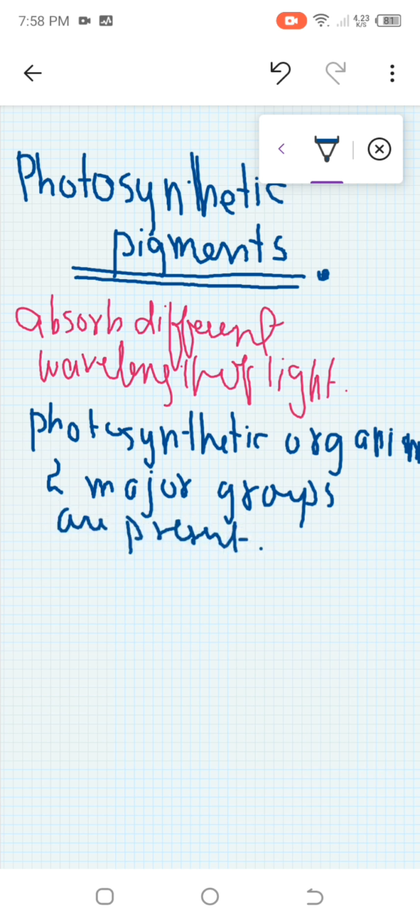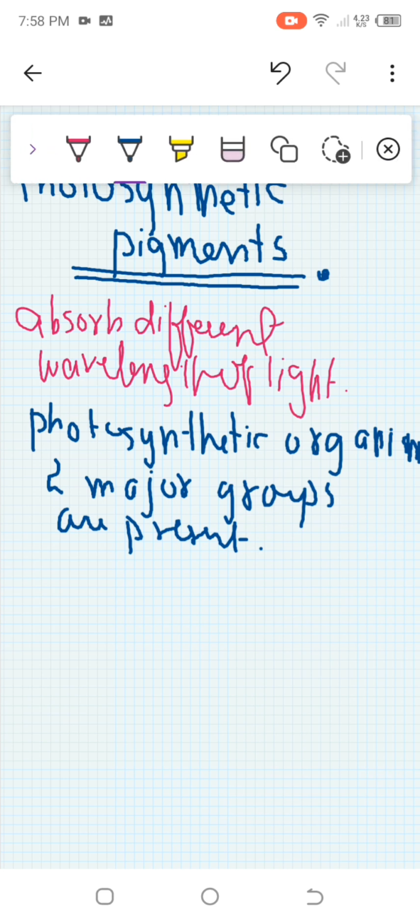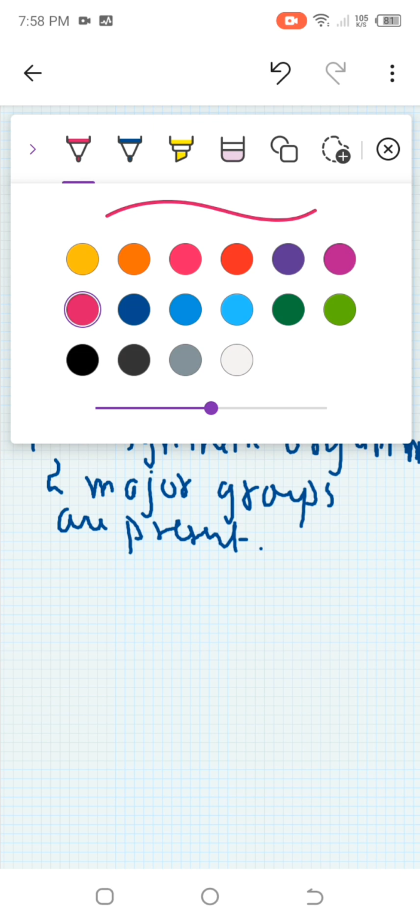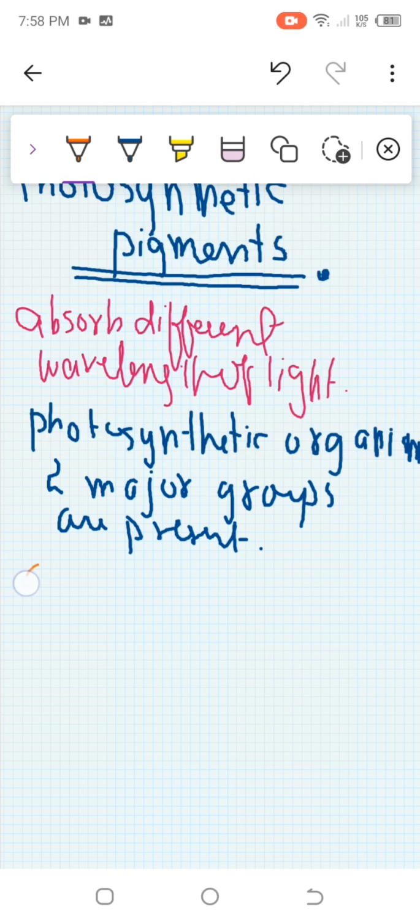Number one group is chlorophyll, while the second is carotenoids. These are the two main common major groups.